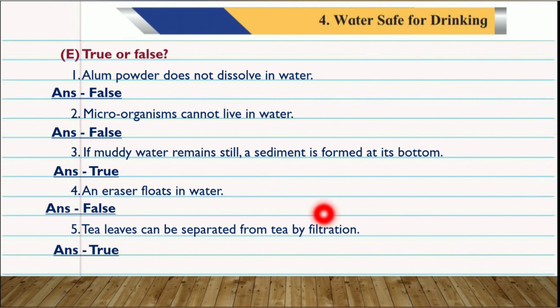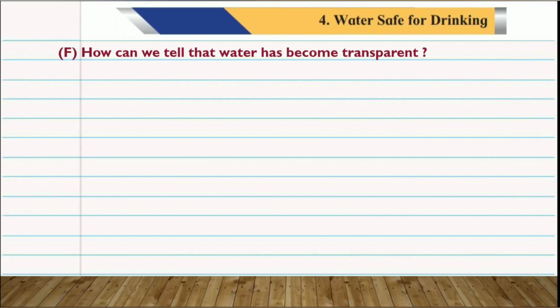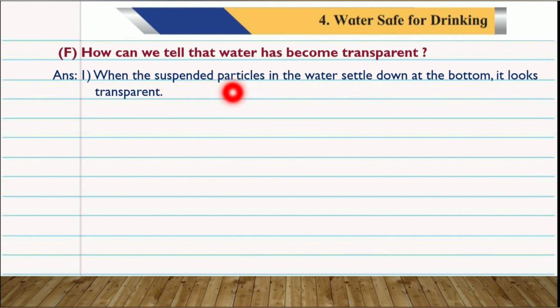Next, now the last question, students. How can we tell that water has become transparent? And the answer is when the suspended particles in the water settle down at the bottom. Whatever the suspended particles are there, when they settle down at the bottom, it looks transparent.